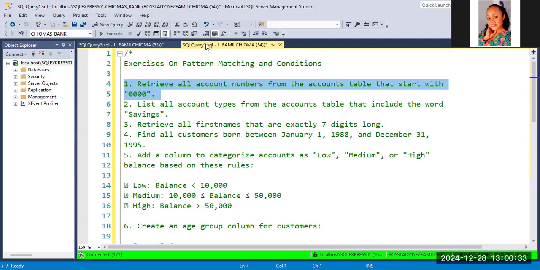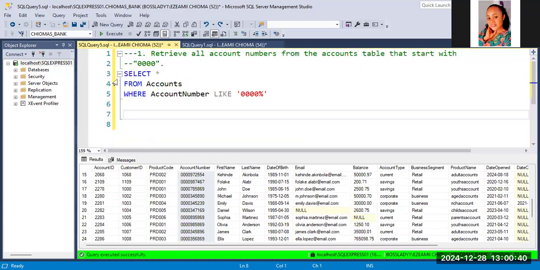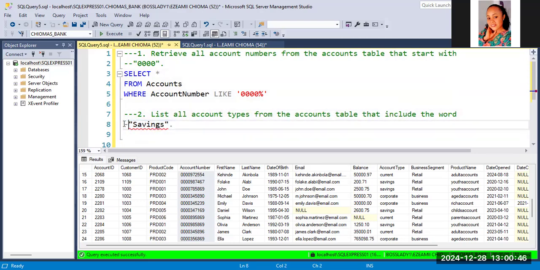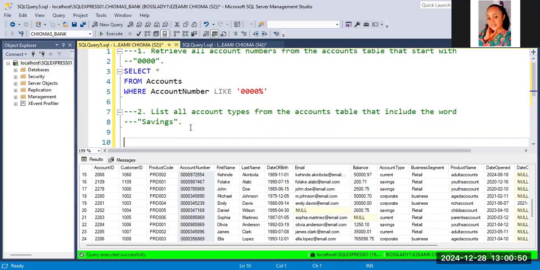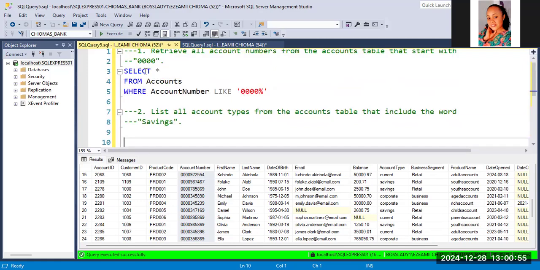So question number 2 says, list all account types from the account table that include the word savings. So what this is saying is we should look at the account type, that's the column. So we get all the accounts that have savings. We are not told whether it's going to come before or after or in front.